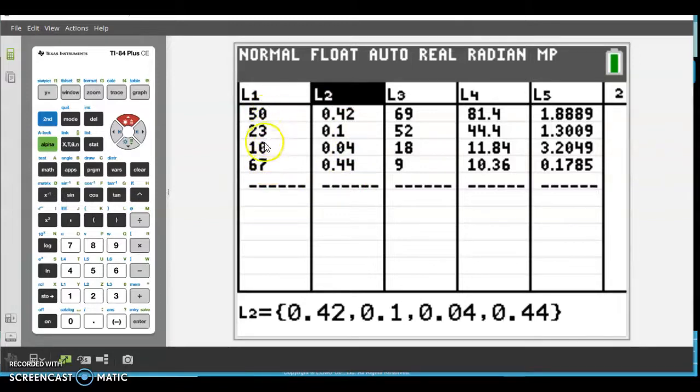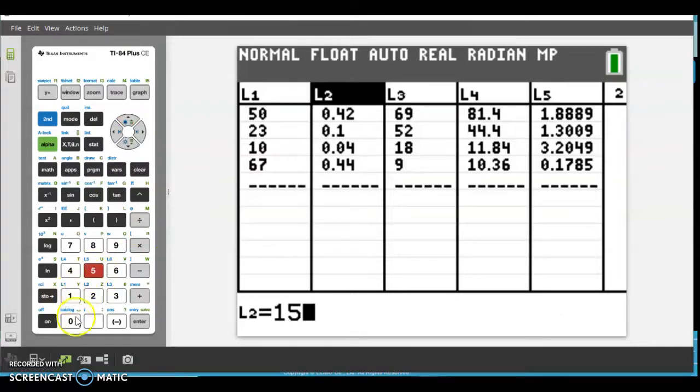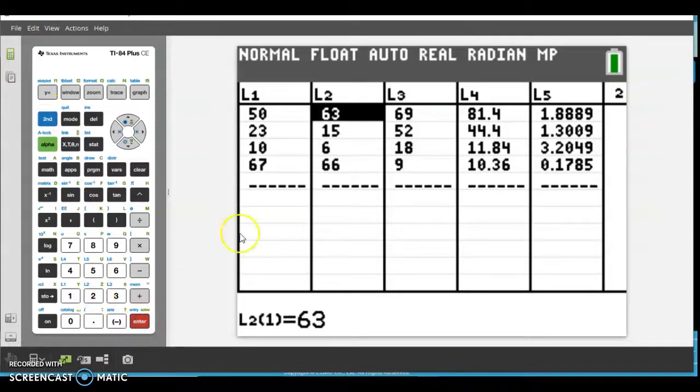I think you come up with 150 people that we had in our sample. So if we take 150 times our expected proportions, that'll give us our expected numbers. Our expected proportions are in list 2, 150 times list 2. This is how we would get our expected values.